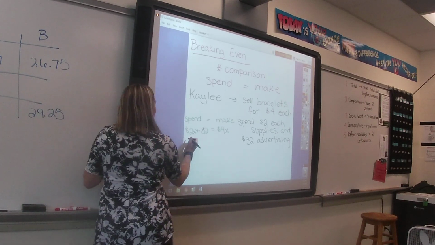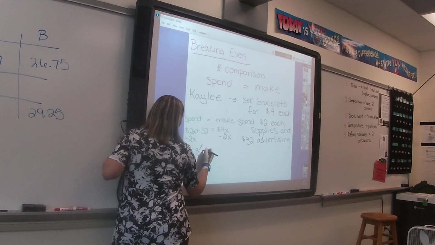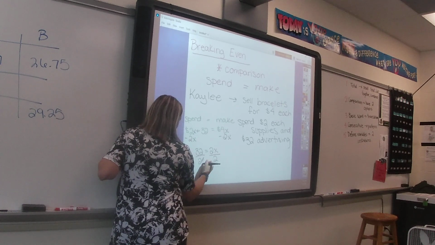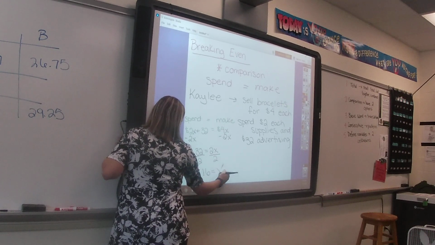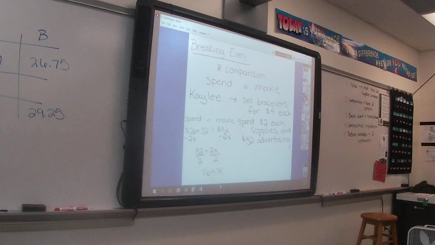So let's solve it. The variables are on opposite sides, so we'll use the opposite sign. What does that 16 tell us?